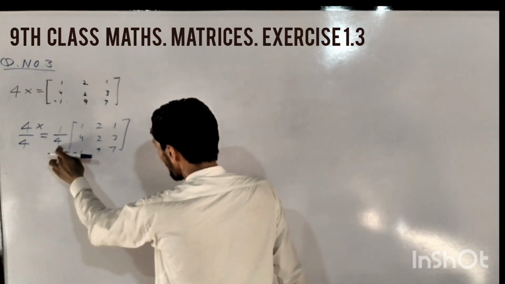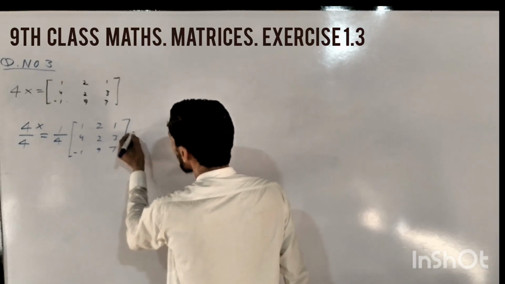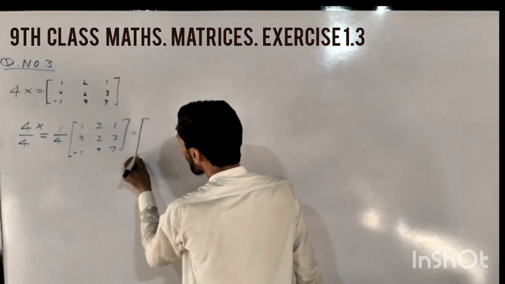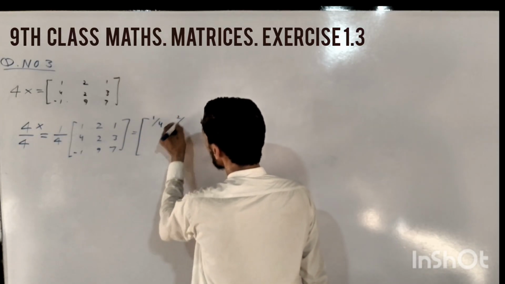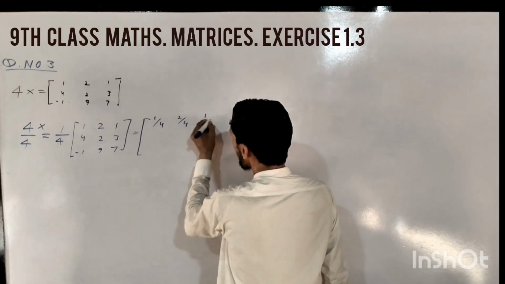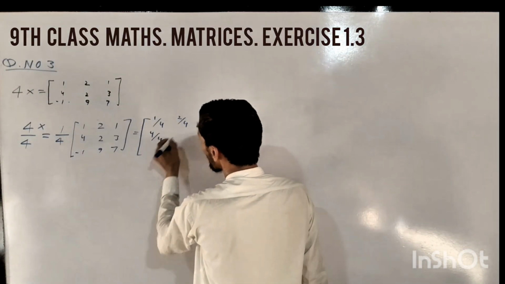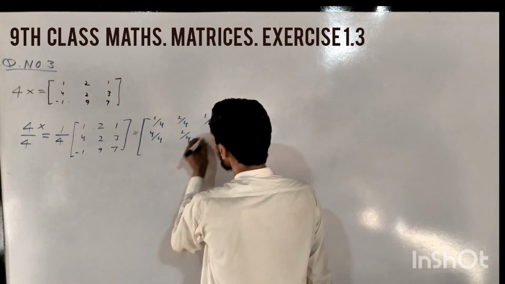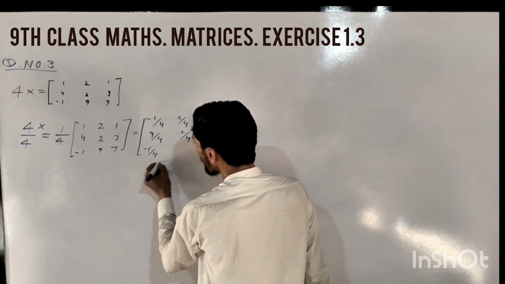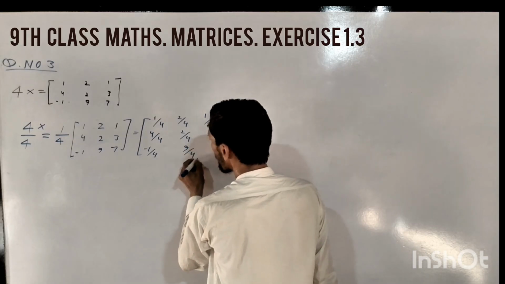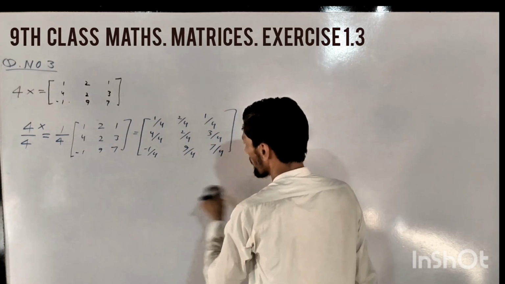Now, dividing each element by 4, we will get 1 over 4, 2 over 4, 1 over 4. Similarly, 4 over 4, 2 over 4, 3 over 4, minus 1 over 4, 9 over 4, and 7 over 4. Let's move to next.